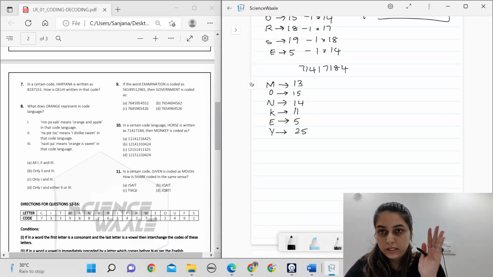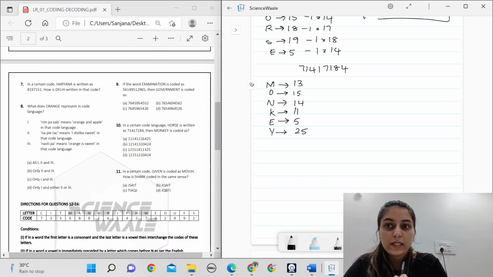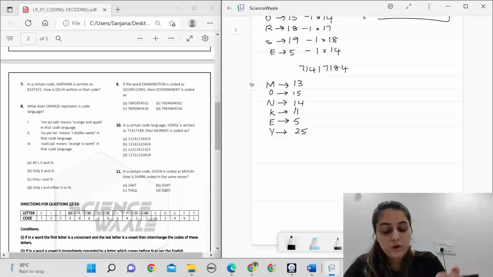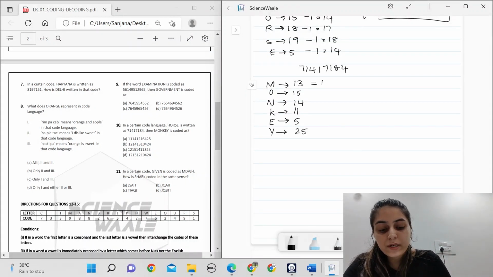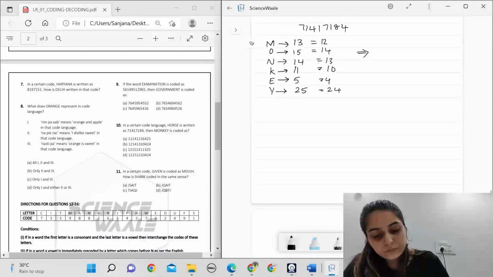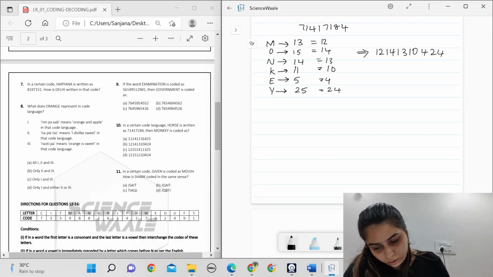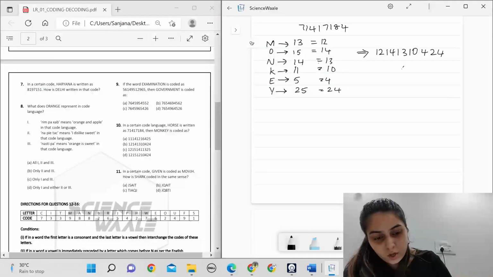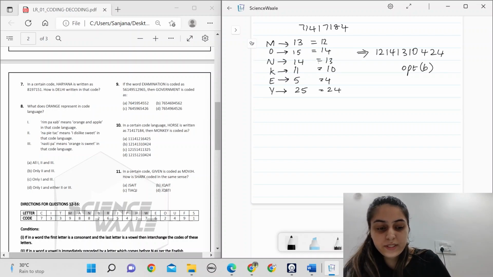So these are the actual positions of the letters in their alphabetical order. Minus 1 if we do, it would be 12, 14, 13, 10, 4, 24. So now the answer would be 121413104424. That is option B.